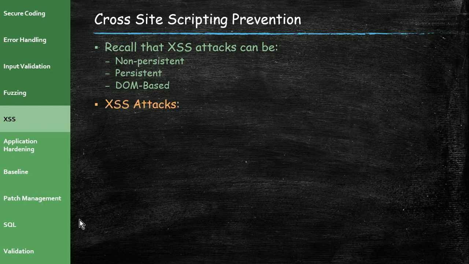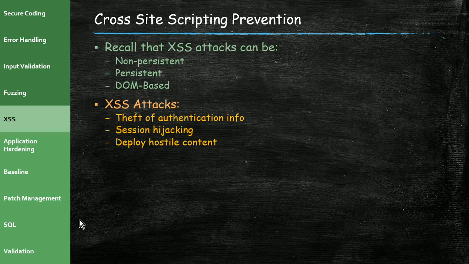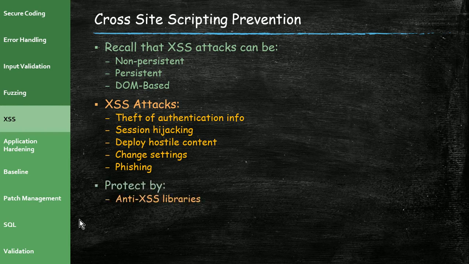So cross-site scripting attacks can involve theft of authentication information, session hijacking, deploying hostile content, changing settings in browsers or in applications. It could be phishing, trying to get information from people, or spawning all these emails that go out to people and things like that.